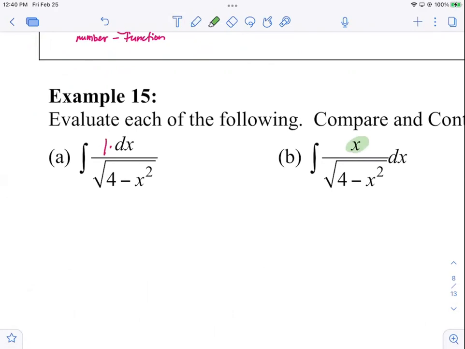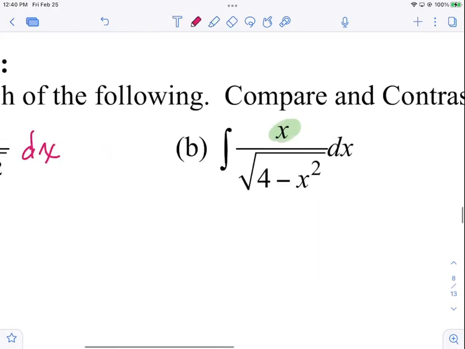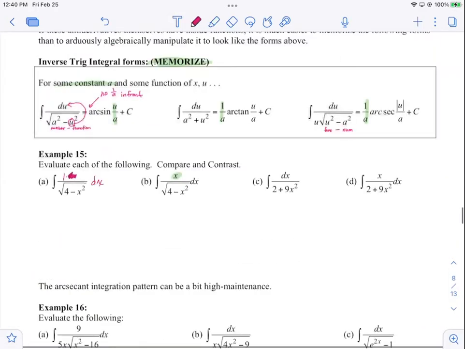You see that? If you want, you could scratch the dx out. So now when you compare them, the difference is a little more obvious. The first one has a 1 on the top and the second one has an x in the top. Let's do the second one first.